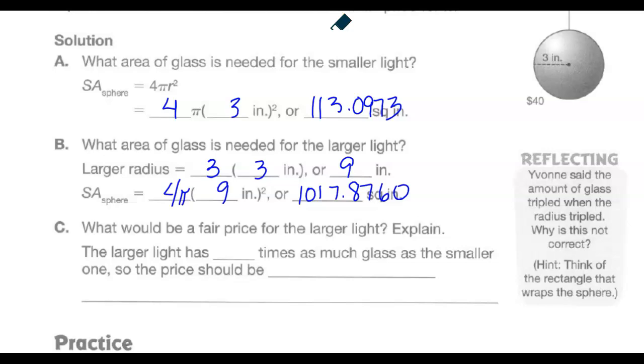Even though this is a three-dimensional object, if we made it flat, like those orange peels, it would be in 2 dimensions. So it's really 3 squared times as much, which is 9. So we didn't really have to calculate all of that. We could have figured that out. So it has 9 times as much glass. So the price would be 9 times 40, which is $360.